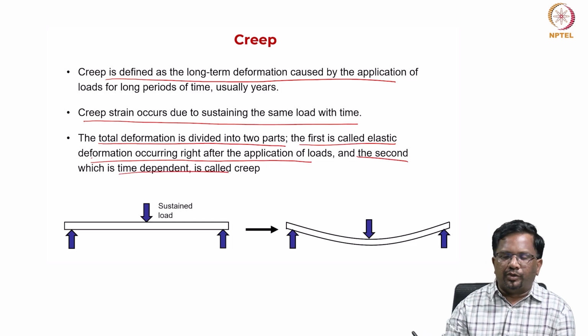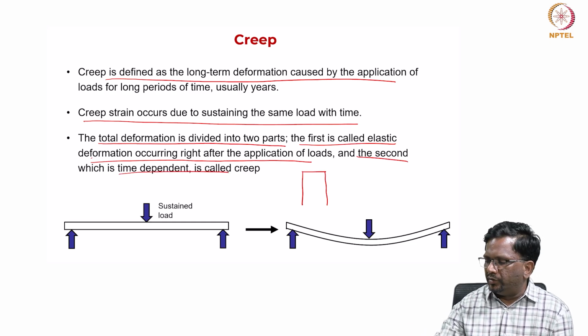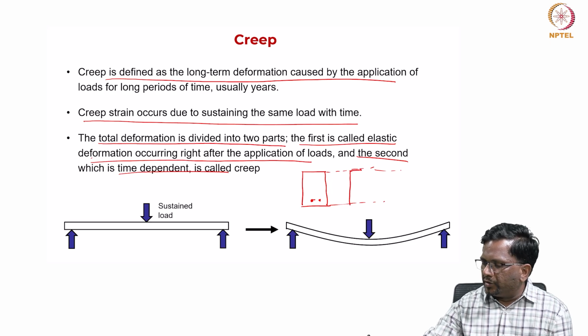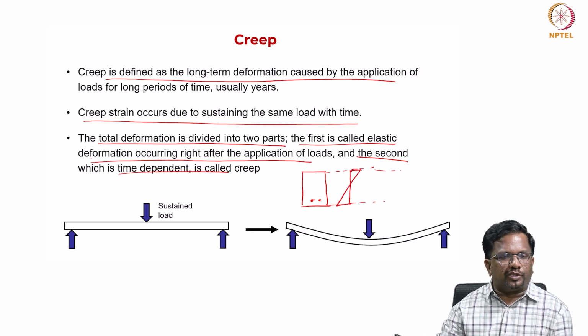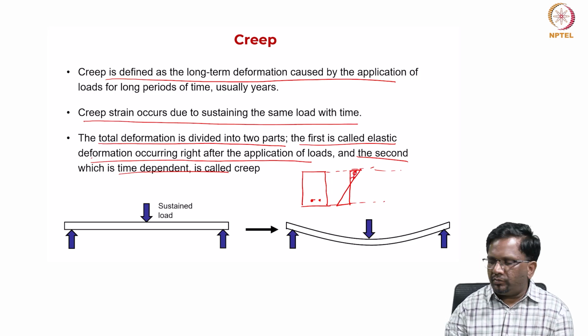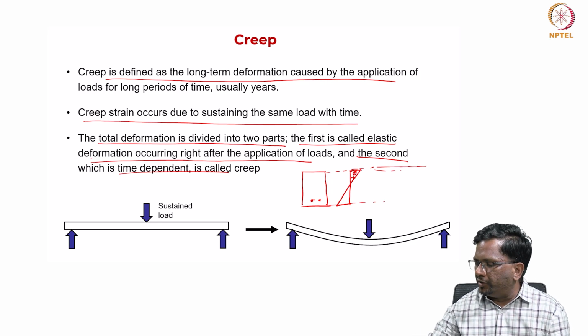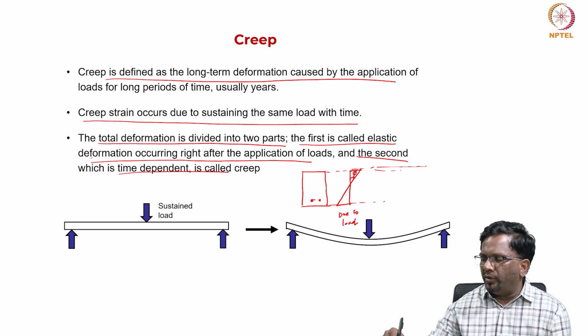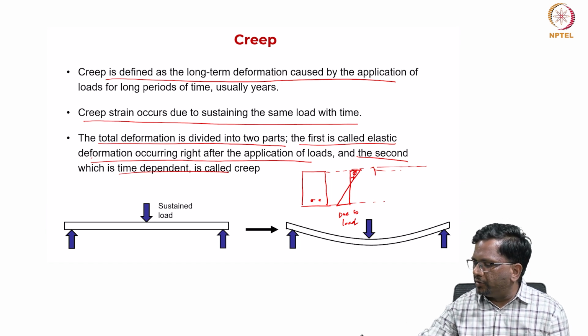When we do the section analysis, let us say you have some reinforcement here, right. Now, due to loads, typically you get this kind of a strain distribution, and this is what we call curvature. Now, over a period of time, if the load is remaining constant, the compression side will undergo more strain.